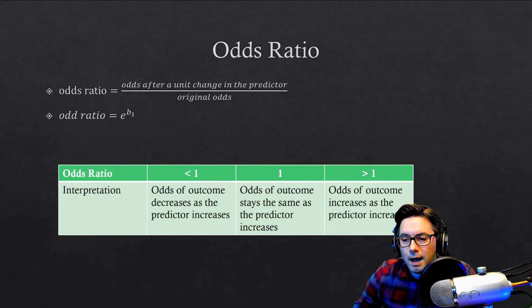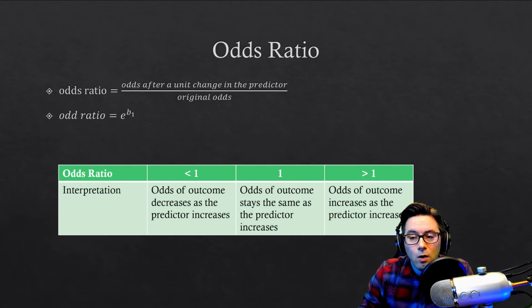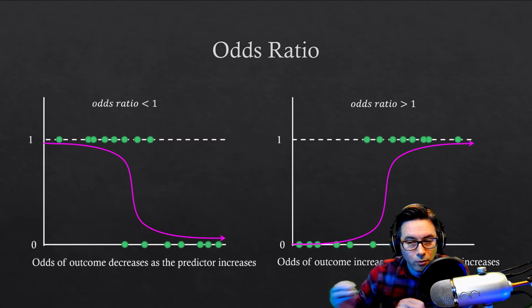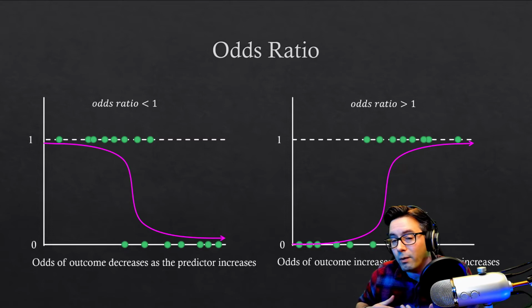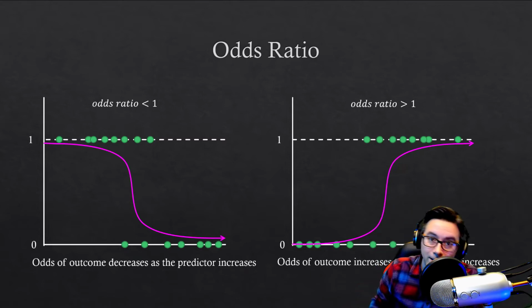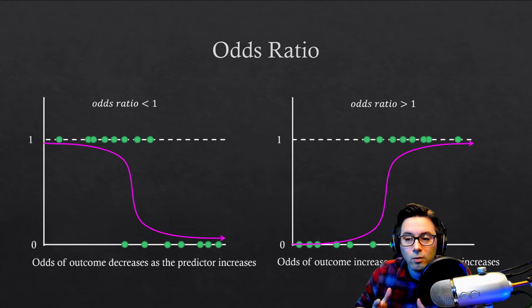And so that value of the odds ratio tells us whether the outcome is increasing or decreasing, or if it stays the same. Really, when we're trying to determine if there is a relationship, we want the odds ratio to be definitely greater than 1 or definitely less than 1. Otherwise, there's no relationship or there's something wrong with our data.